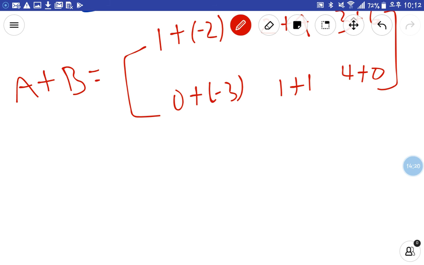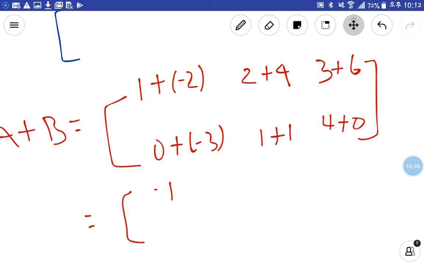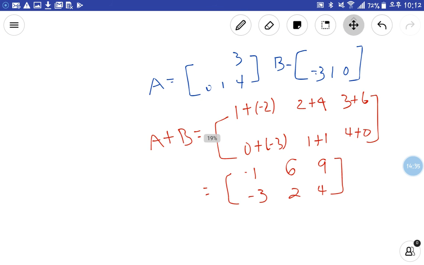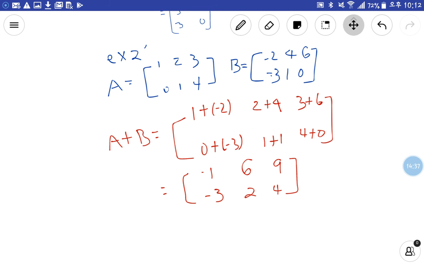Let's go. That's -1, 6, 9, -3, 2, 4. That's what we have. Later on, if you get familiar with that, you can do your calculation easily. Let me double check it. No mistake.